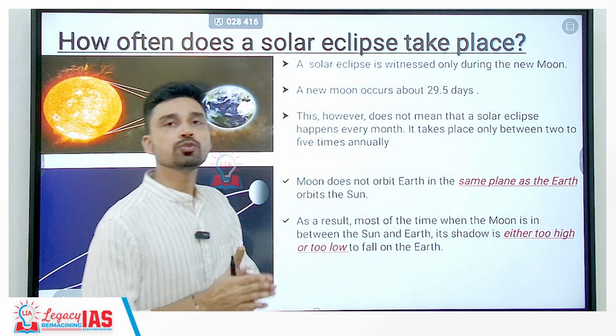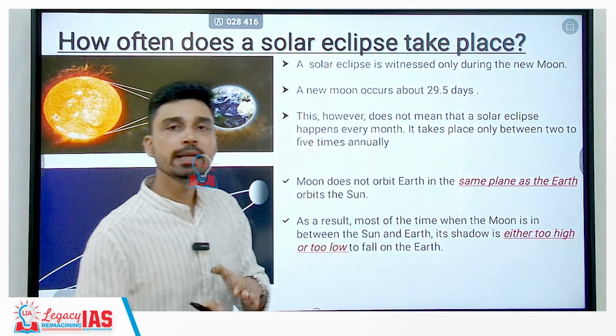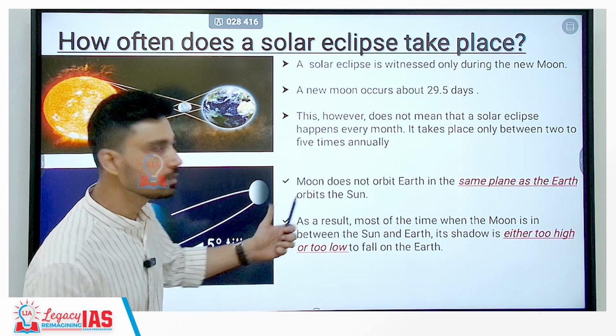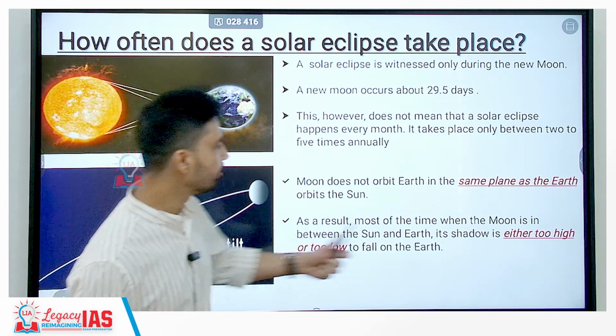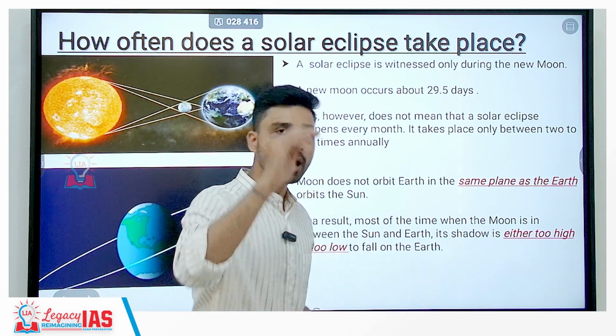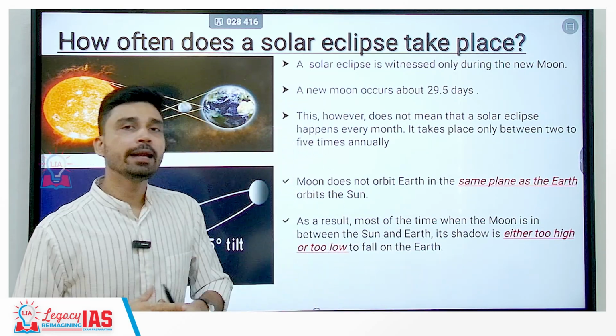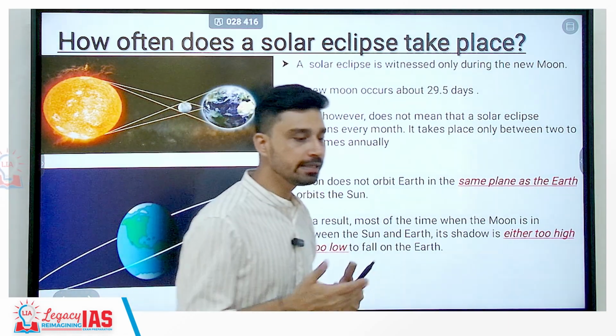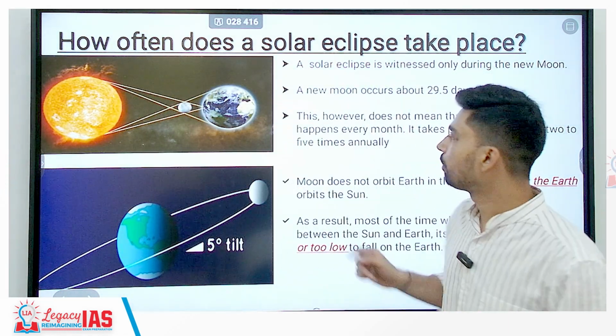We can also say the moon's orbital plane is at a 5-degree inclination from the earth's orbital plane. As a result, most of the time when the moon is between the sun and the earth, its shadow is either too high or too low and does not fall on the earth. And if the shadow does not fall on the earth, obviously an eclipse will not be visible from the earth.